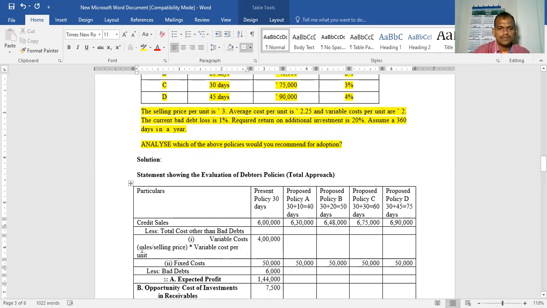Sales 6,50,000 by selling price 3 rupees into variable cost per unit 2 rupees.